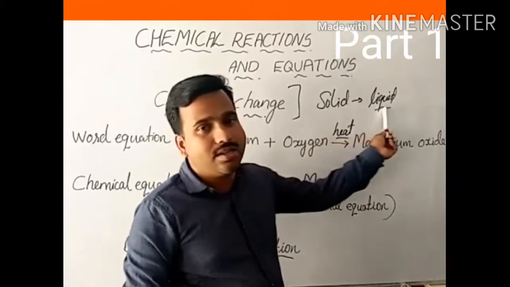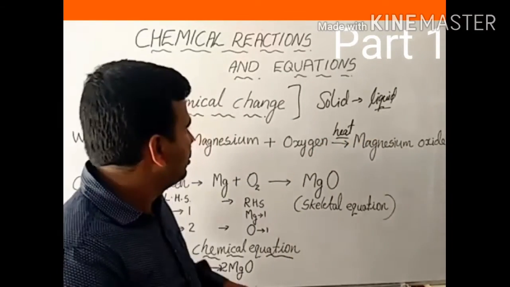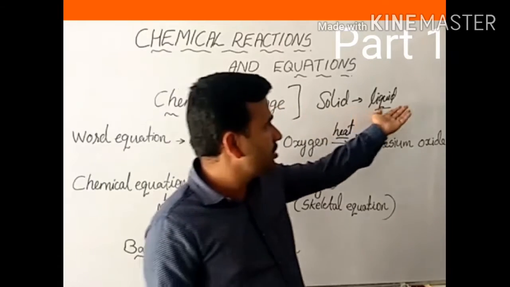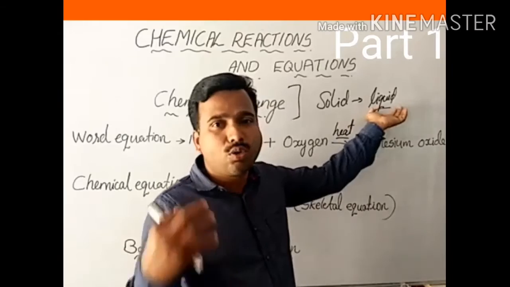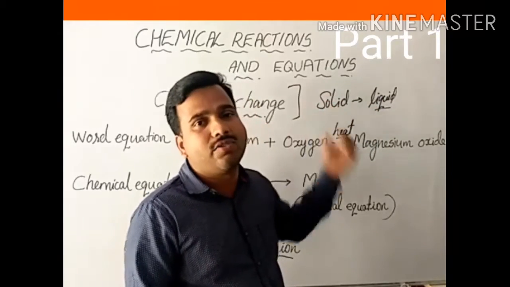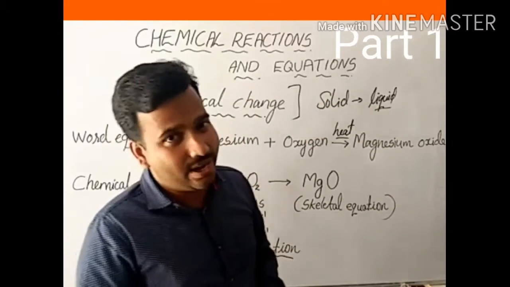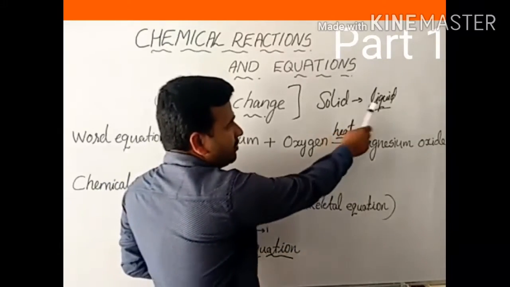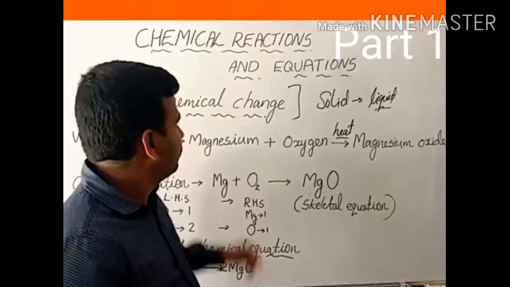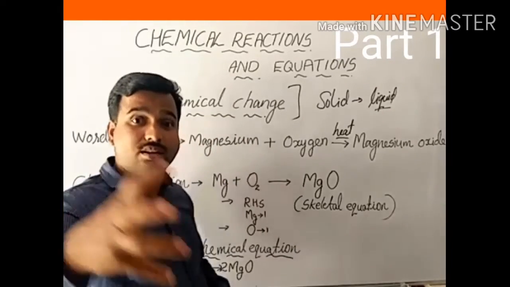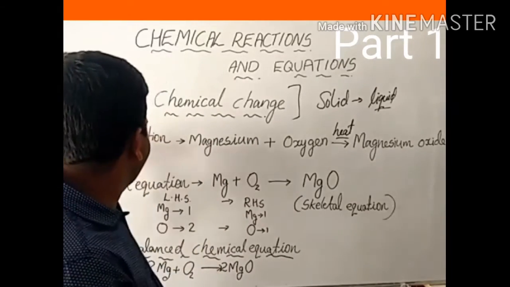Only its state is getting changed. Such kind of changes, this process is reversible also. If you cool the liquid, it gets converted back to solid again. So physical changes are reversible, but chemical changes are irreversible in nature.